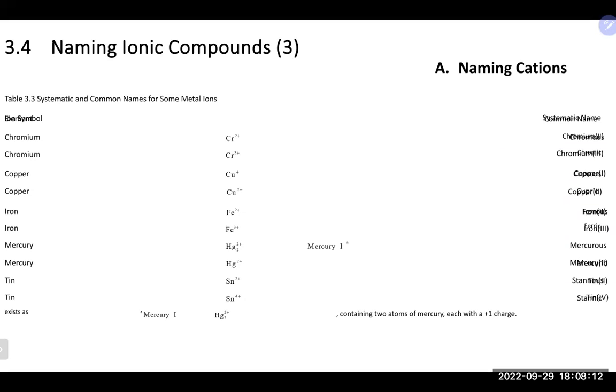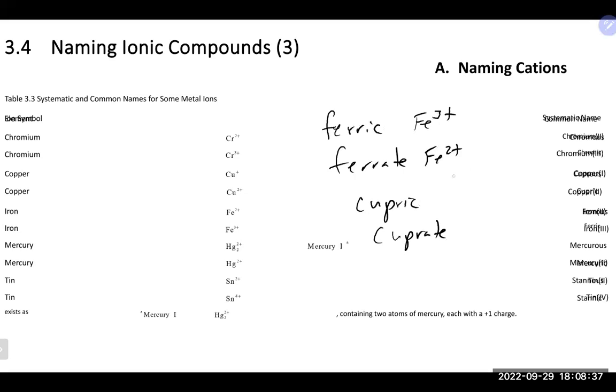We will only use Roman numerals in this class, but you still sometimes see people use the older way of naming. For example, ferric or ferrate, that is iron 3 or iron 2. Cupric or cuprate. And again, that would be copper 2 and copper 1.